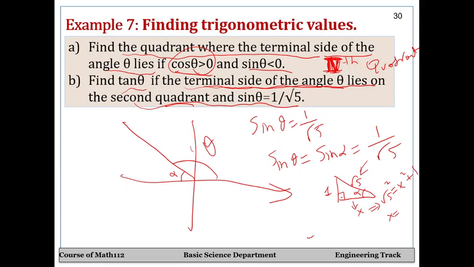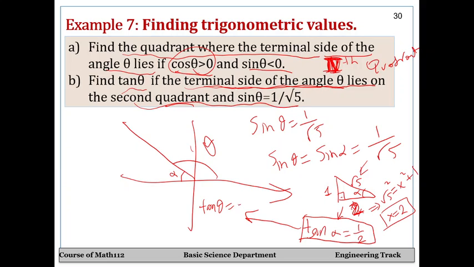X is equal to 2. You end up here with 2. Now what is tangent alpha? From here, 1 over 2. Okay, now we come back to theta. What is tangent theta in here? It's minus tangent theta.